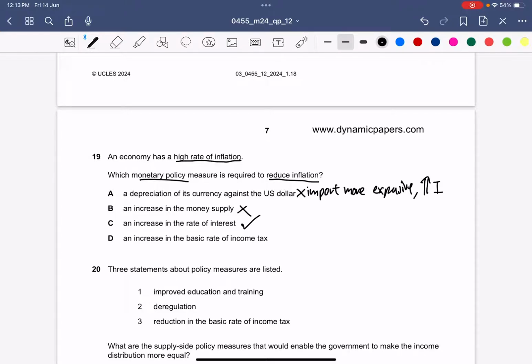No, this is wrong, because if income tax is reduced, this will increase disposable income. This may encourage spending, may increase demand and may increase inflation.